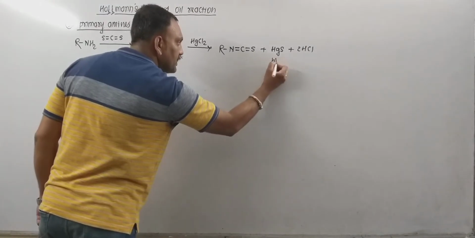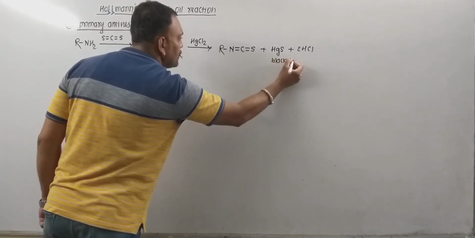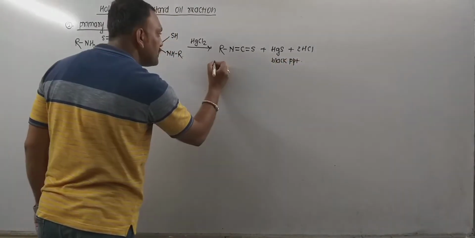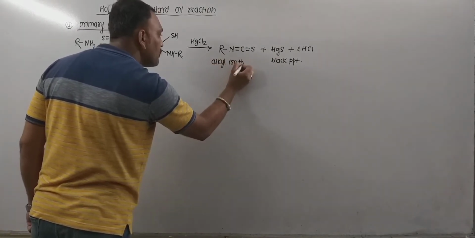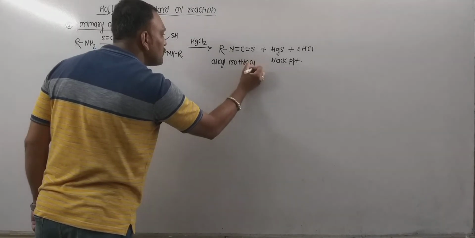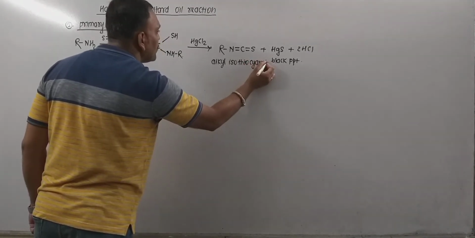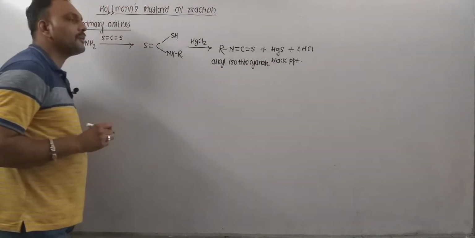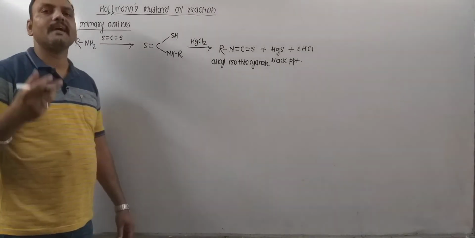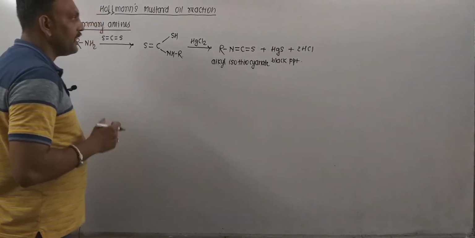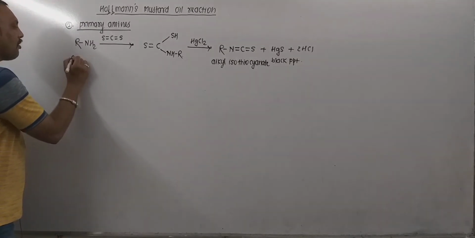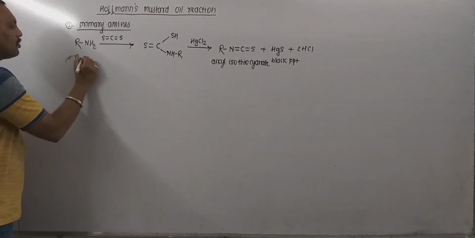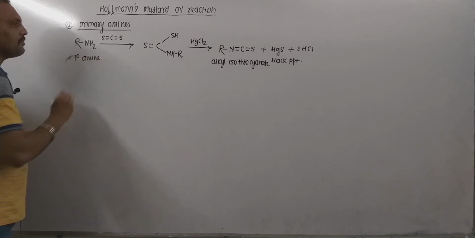Remember, this is a black precipitate, HgS, and this is nothing but alkyl isothiocyanate. Now this alkyl isothiocyanate has a smell like mustard oil, and this reaction is popularly known as mustard oil reaction. So this is the response of primary amine.